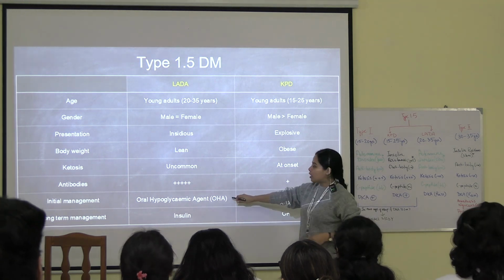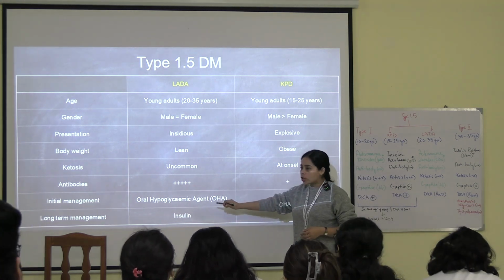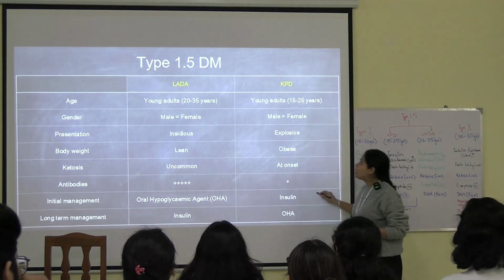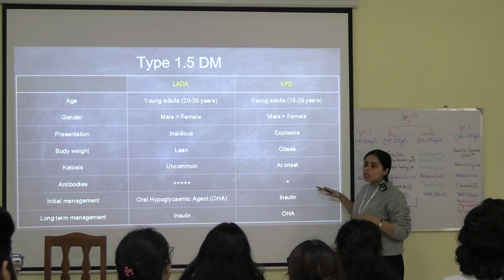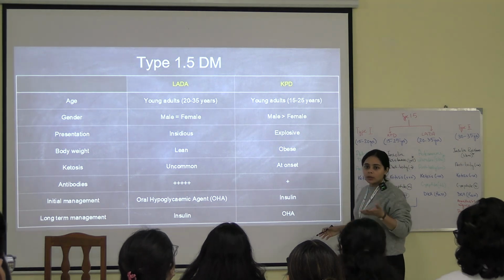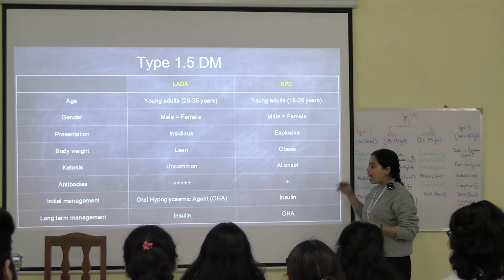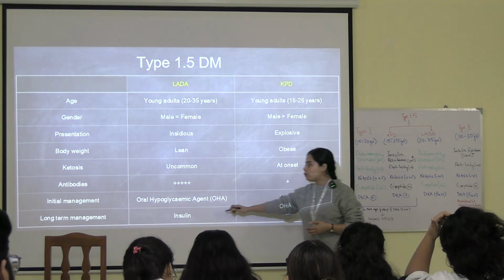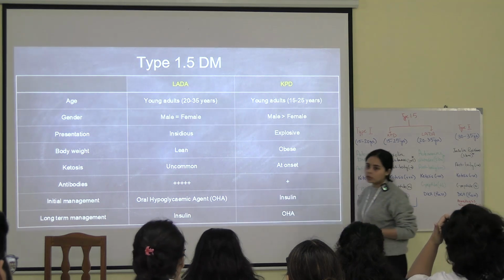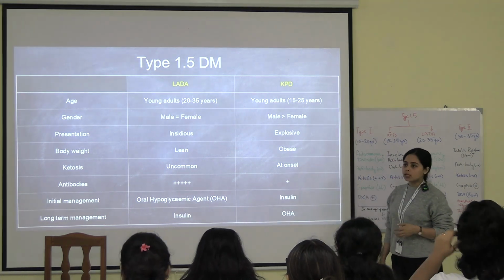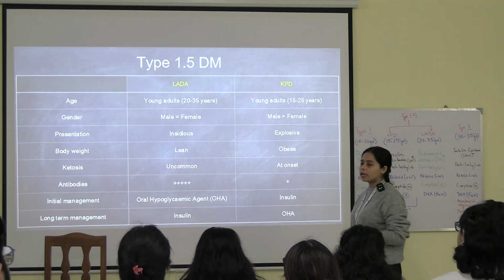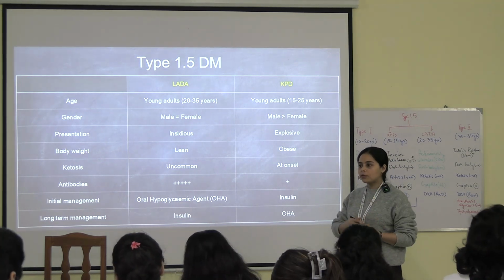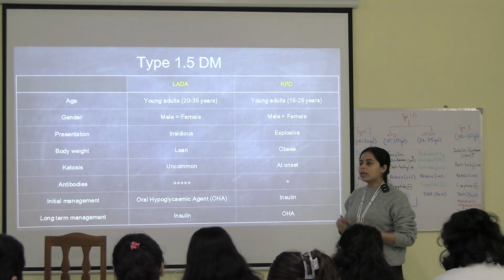Now the initial management is OHA, that is oral hypoglycemic agents, for LADA. But obviously if the patient is presenting to you in such an emergency state, you will not start with tablets, you will start with insulin, and gradually afterwards you will give OHA, and for long term management we will give insulin. This is for easier understanding. We start with OHA at a lower dose, then we increase it and see.